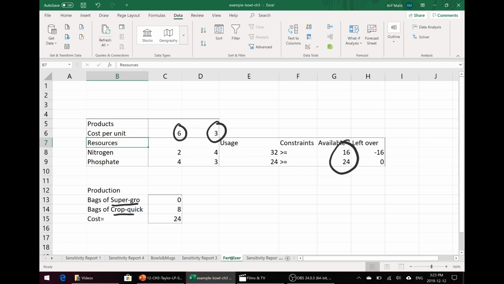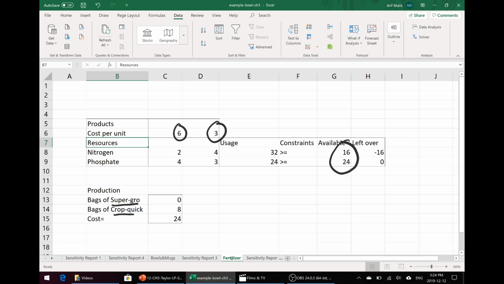And these were in pounds, per bag. So 2 pounds of nitrogen was there in Super Grow, and 4 pounds of phosphate was there in Super Grow. And then in the Crop Quick, the other fertilizer bag, 4 pounds of nitrogen was there and 3 pounds of phosphate was there.